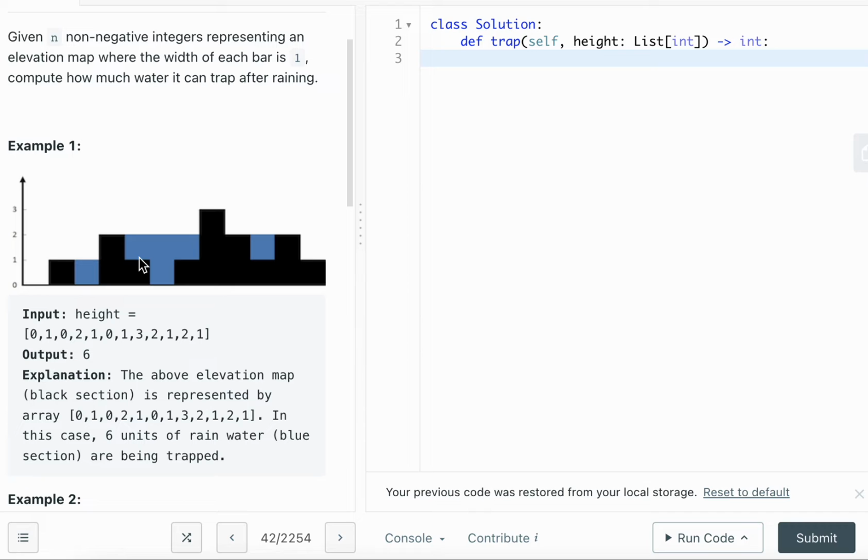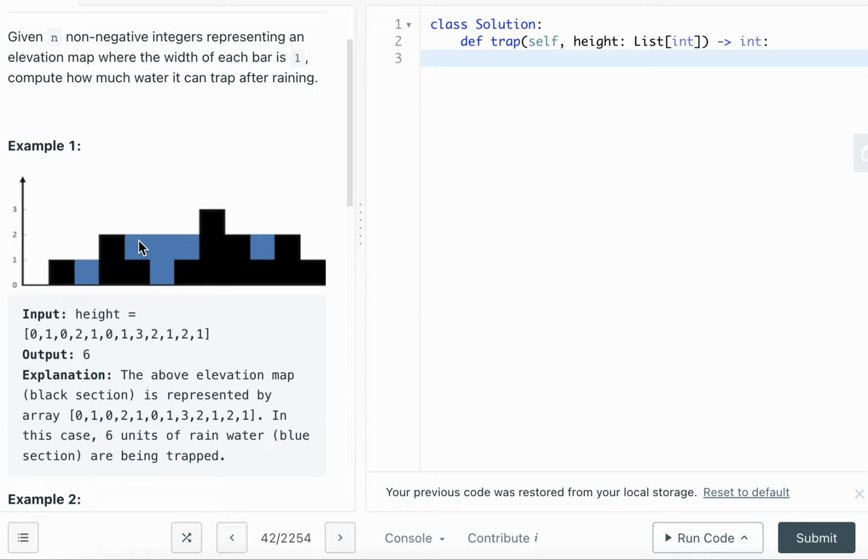There's nothing on the right side here, and this one, if we look at it, is able to hold 1, although the right side is smaller. Why is that? It's because there is a 3 further on the right side, so that's why it's able to hold 1 here.